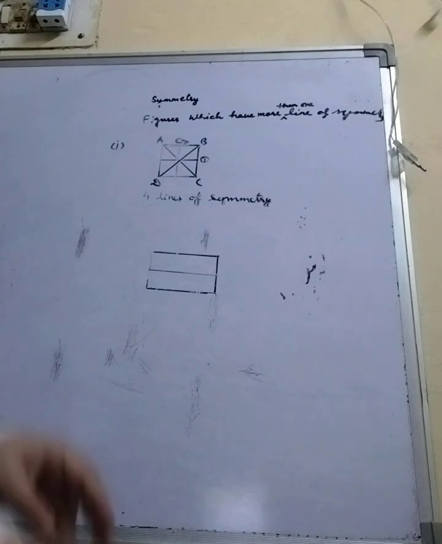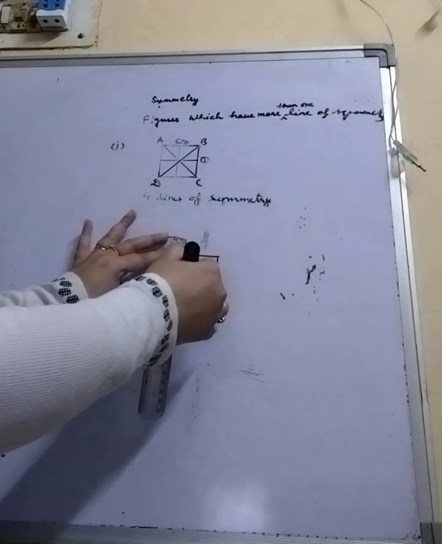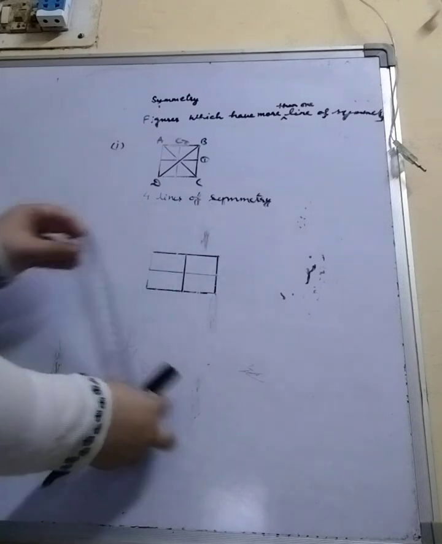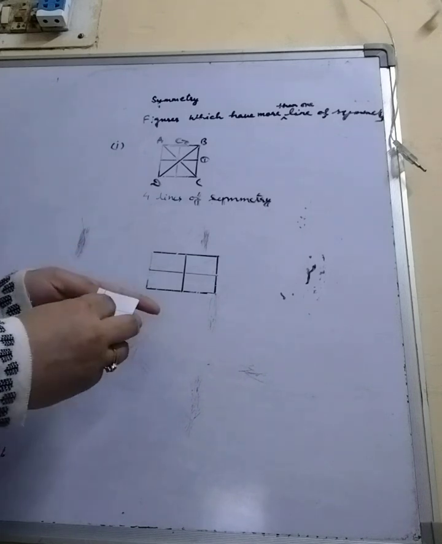So we get the second line of symmetry here, the vertical line of symmetry. So it is first line, second line.